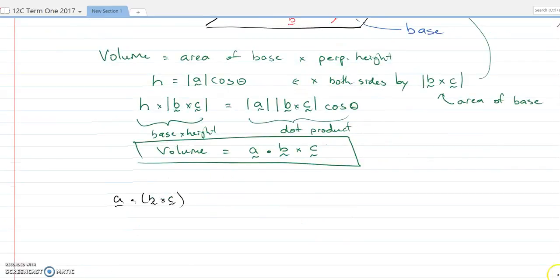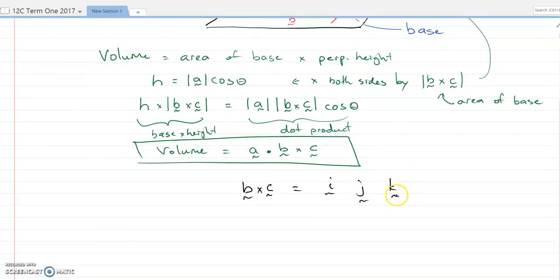Okay, so our volume is this, but what is now a nice way to do this? There's a nice easy way, and that is remembering the fact that B cross product with C equals the determinant with rows i, j, k, and let's just say B1, B2, B3.